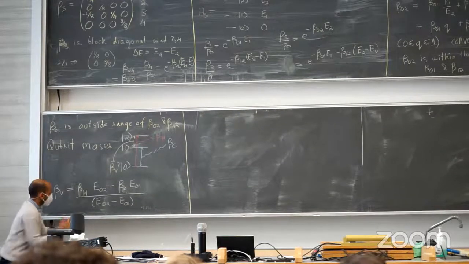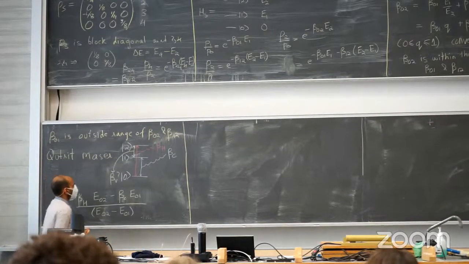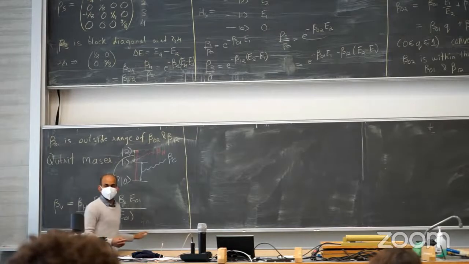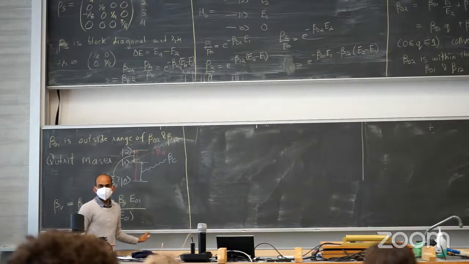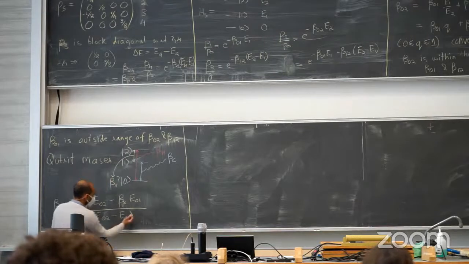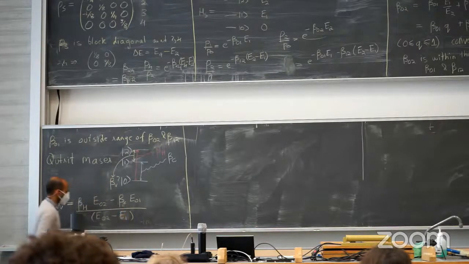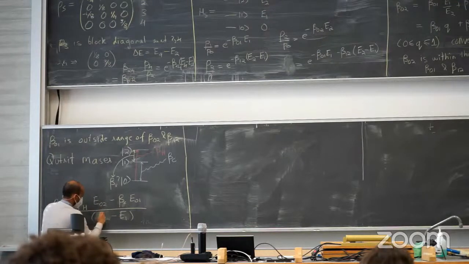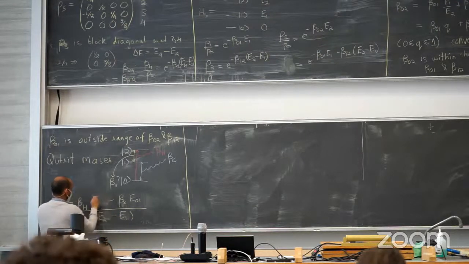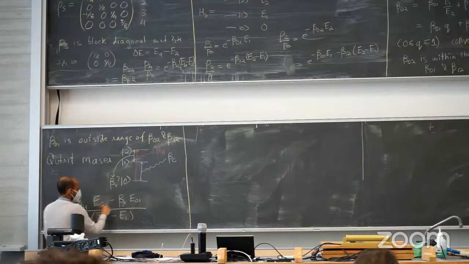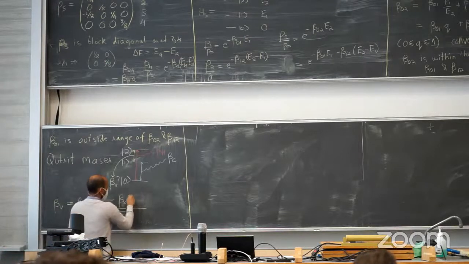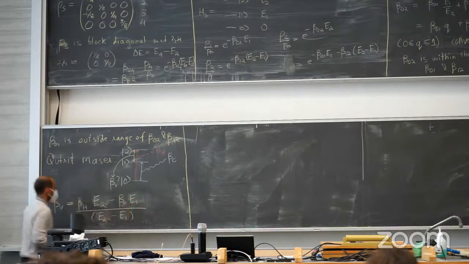In particular, what I can do now is imagine I take this to the limit. Yes? So E01 is E1. Yeah, sorry, E01 is E1. So I can write all of this as E2, E1, E2 minus E1. Thanks. Yes.